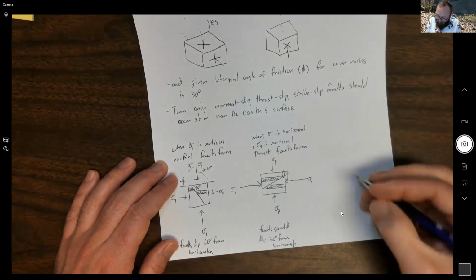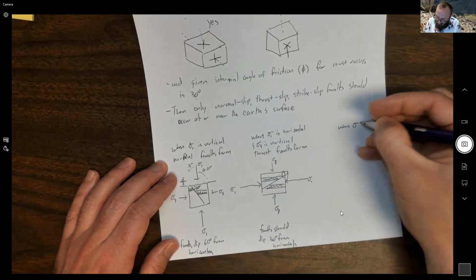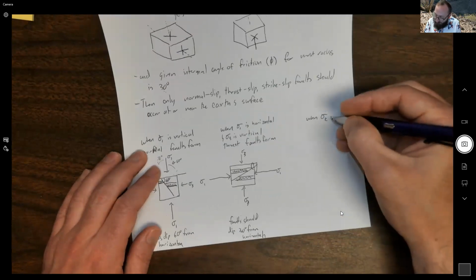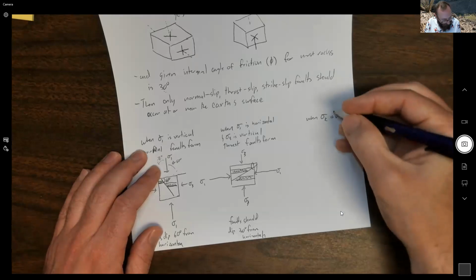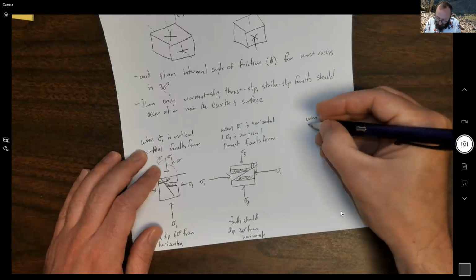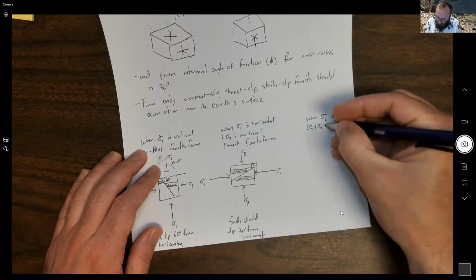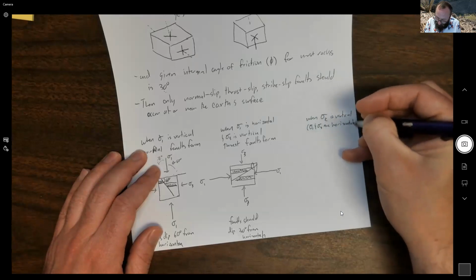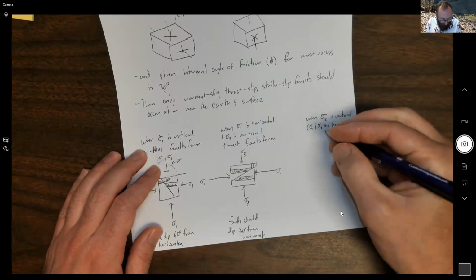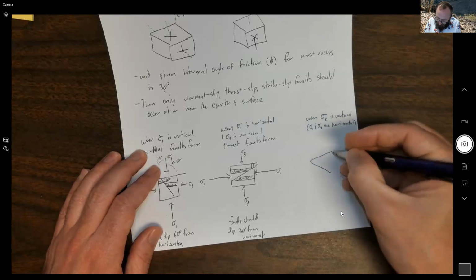And our last type of fault, strike slip faults. When sigma 2 is vertical, which means that sigma 1 and sigma 3 are horizontal, it looks like this.